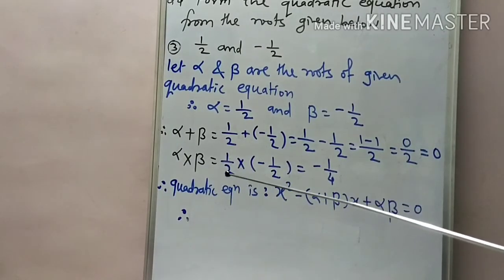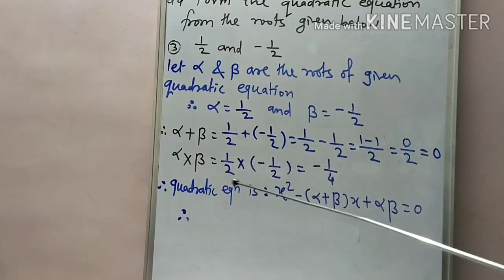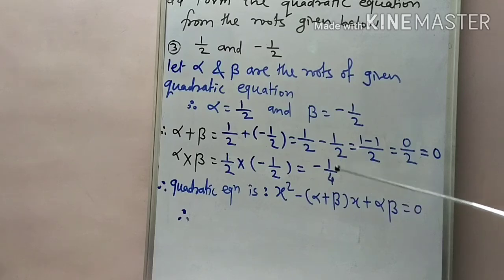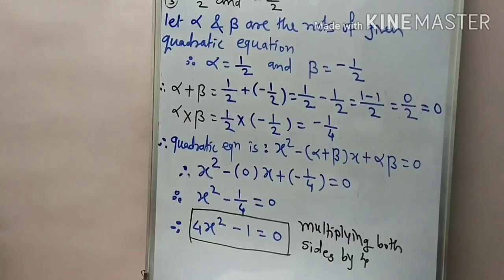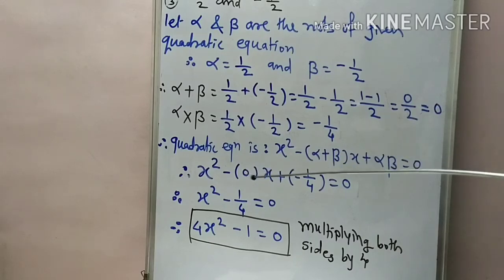Okay, understood this? 1 upon 2 into minus of 1 upon 2, product of numerator and denominator part, minus of 1 upon 4, and now we substitute those values in general form. So the equation is x square minus alpha plus beta, which we get as 0, into x plus alpha into beta as minus of 1 upon 4 equal to 0.